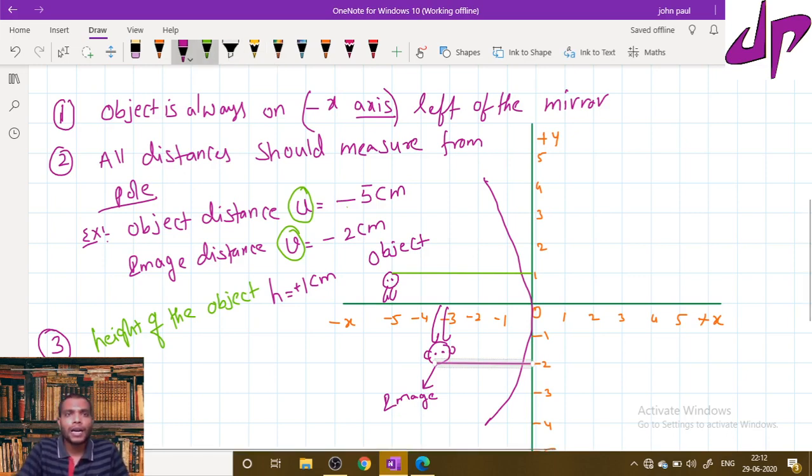This image height is parallel to the negative y-axis.